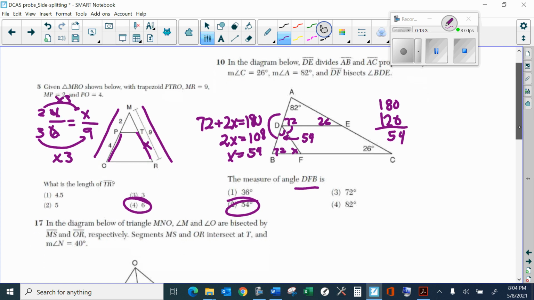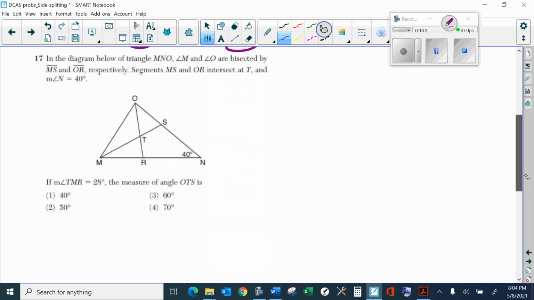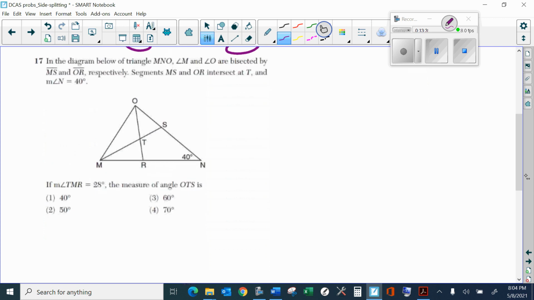So putting multiple steps together there. Angles M and O are bisected. So that equals that, and that one equals that one. If the measure of angle TMR is 28, then that makes this 28.